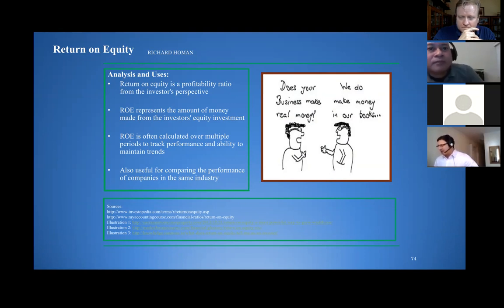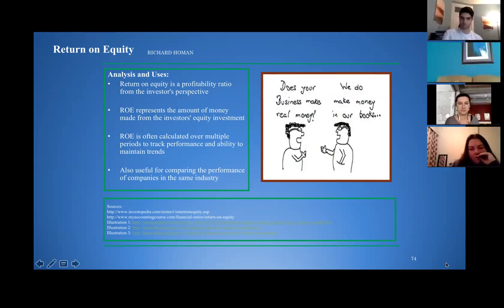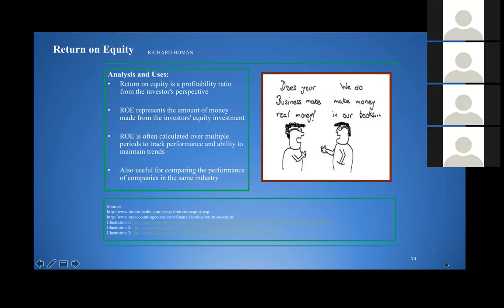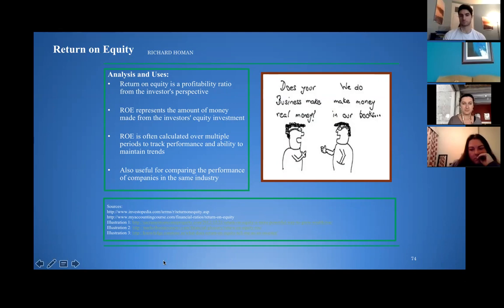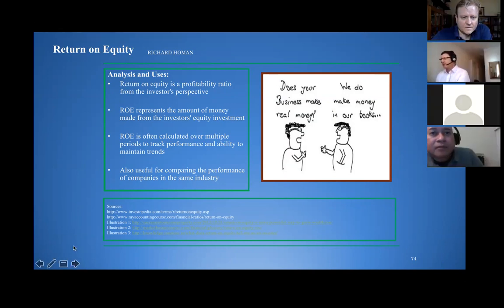Just like in the last presentation, where we saw the different return on assets trends for AT&T, Verizon, and others per annum, return on equity is also looked at over the same periods to track performance and a company's ability to sustain those trends. It's also useful not only to look at the company on an individual basis, but also to look at the performance of companies over the same industry.